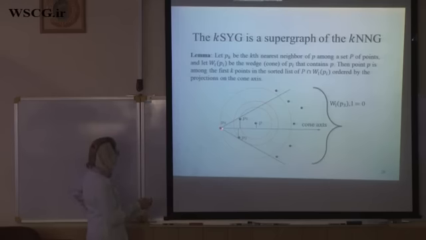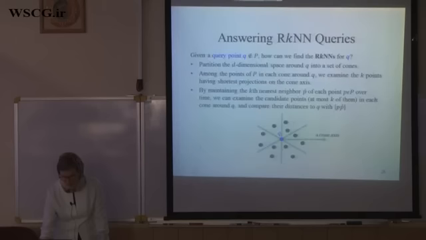If P3 is the third closest neighbor to P, then when we look at the wedge of P3 that contains P, we'll find that the projection of P on the cone axis of P3 is in the top 3 in that wedge. That's the lemma that gets used over and over again in Zaheer's work.